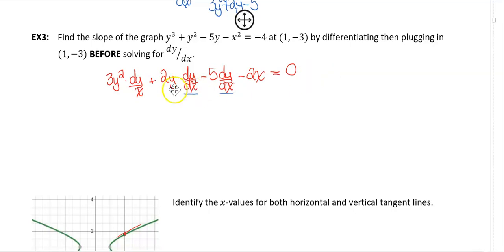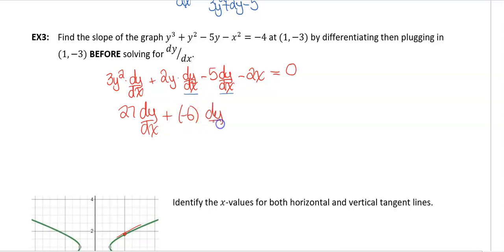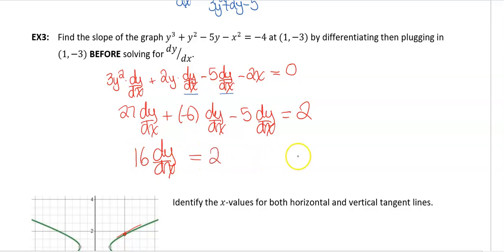Alright, substitute in, so we have 3 times y squared, so that's going to be 27 dy/dx, plus negative 6 dy/dx, minus 5 dy/dx, equals 2x, so 2. And then pulling this together is going to be 16 dy/dx equals 2, therefore dy/dx is 1/8.